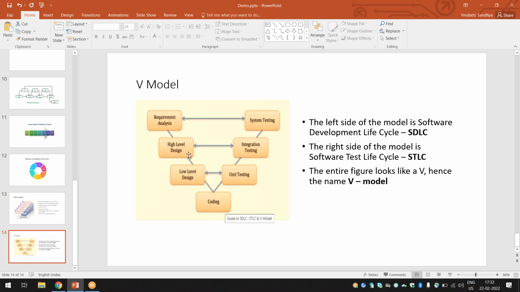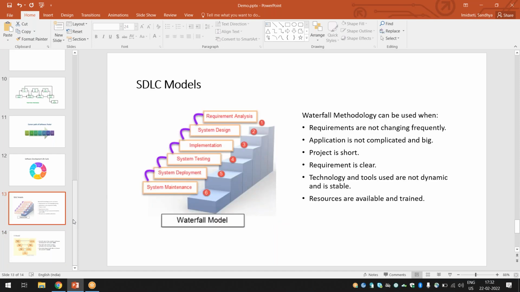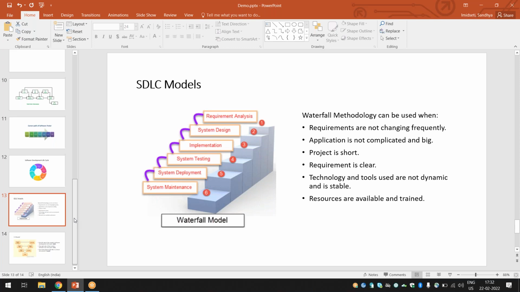And suppose we have been allocated to a project implemented on the V model, then you would be involved in this type of meetings, so that you would get more exposure on the calls and meetings, how the people are talking and managing, how they are talking with the client. All those interpersonal skills will be developed. So that's the reason it's good to have awareness of which model you are working on. Hope you guys are clear about it.